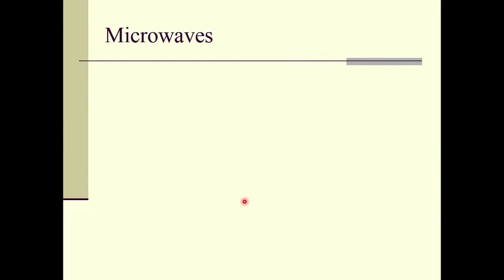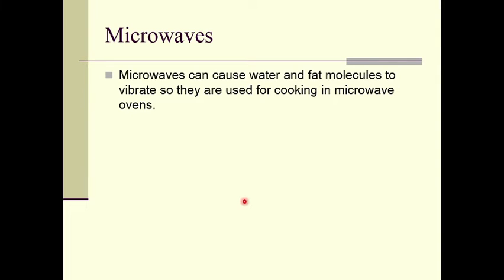Let us now study the applications of microwaves. Microwaves can cause water and fat molecules to vibrate, so they are used for cooking in microwave ovens. In our households we use microwave ovens to cook food, and even some restaurants use these ovens.